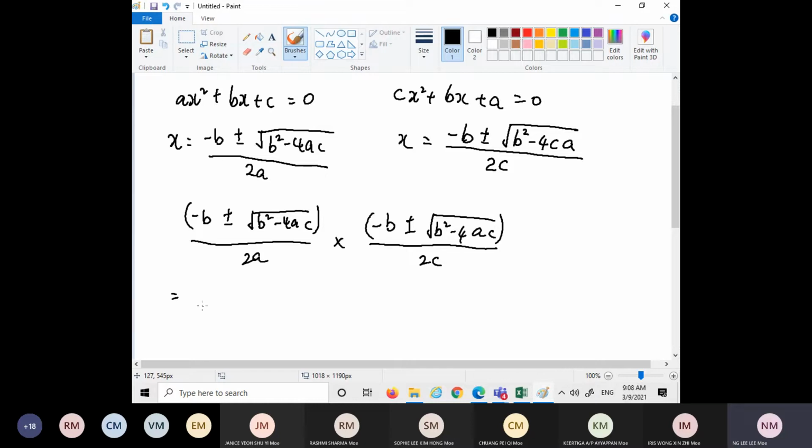Numerator times numerator, denominator times denominator. So this times this, I'm going to expand it term by term. First term to the first term: negative, negative becomes positive, so B squared.